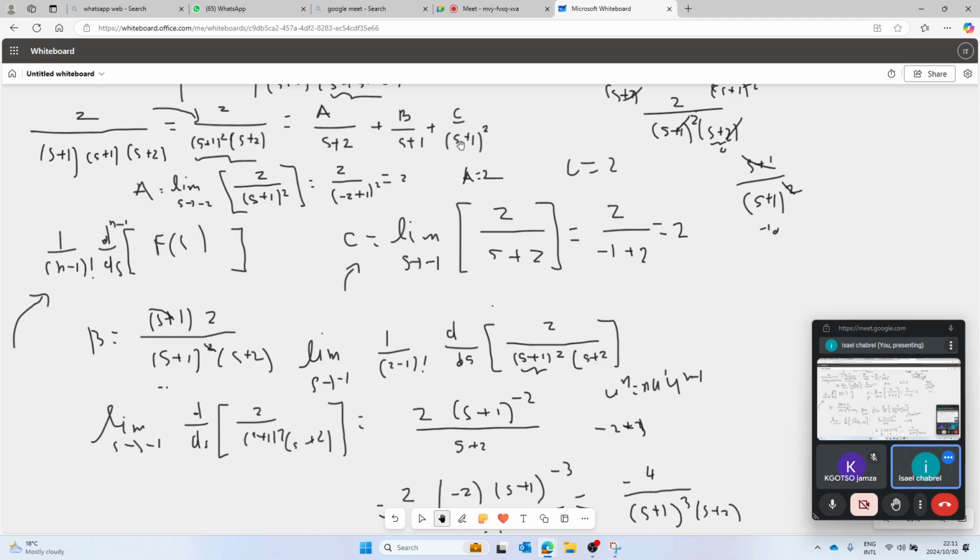For c, it gives s plus 1 squared. Now there's a formula for it. If you check the formula sheet that you sent, where is it, Mr. Kotso?